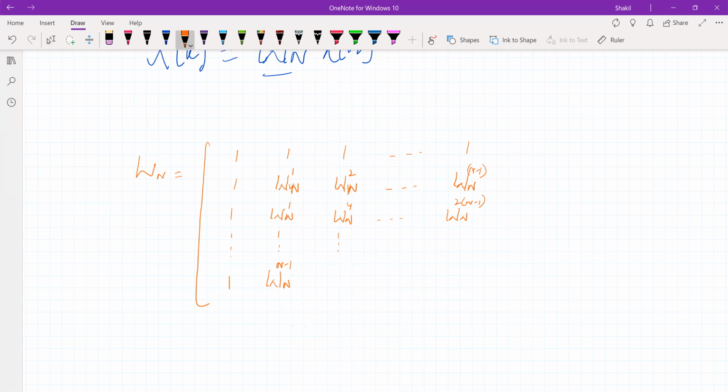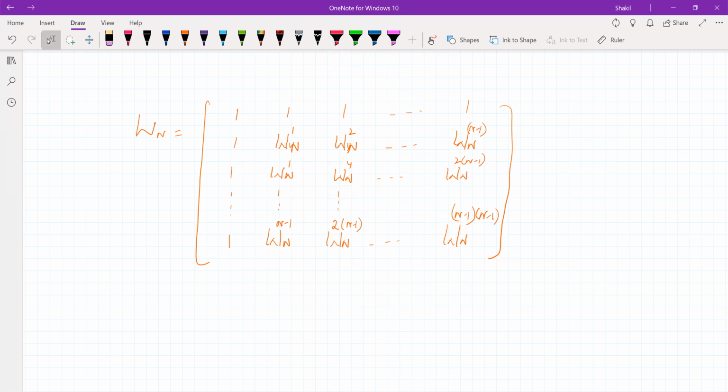If you continue this, this will be W_N raised to the power N minus 1 squared. These are the powers. So this is the general W_N matrix. And if you want to compute 4 point, 8 point, 16 point, 32 point DFT, just substitute the values of W_N.